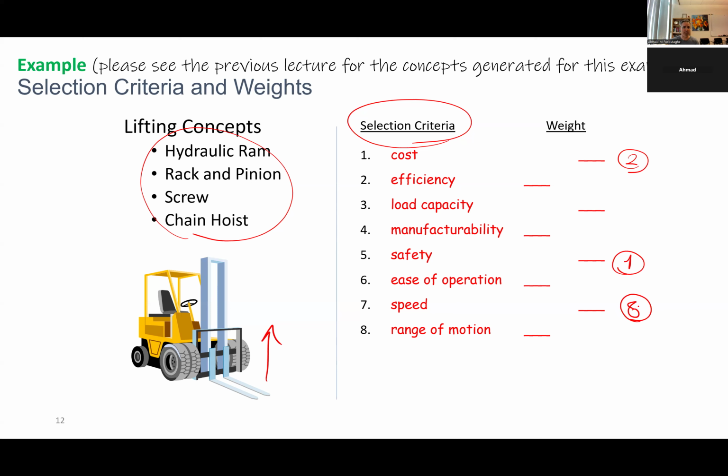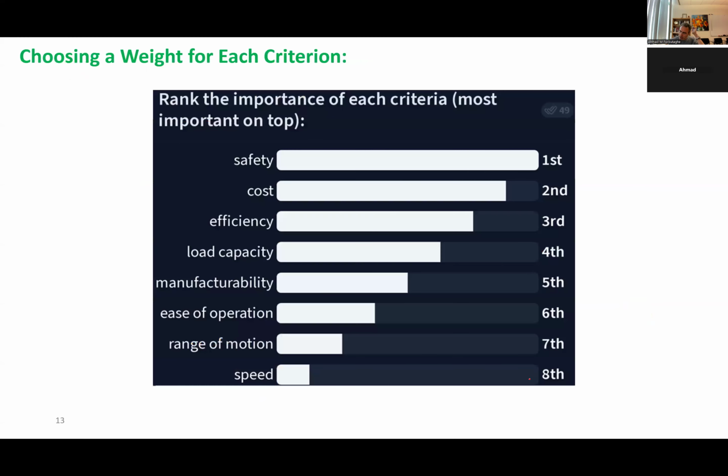So it's a voting mechanism. If we have a few team members for a design, perhaps we can vote and decide and then use the average to rank these criteria. As an example, I tested these and I asked 49 people to rank these for me, people who are familiar with forklifts and perhaps have operated them, so they can give a better opinion.